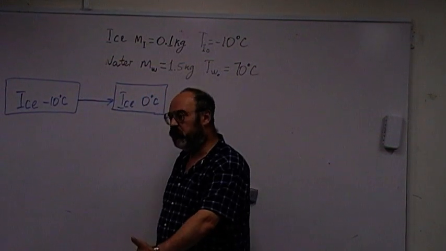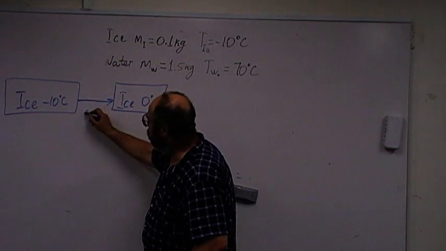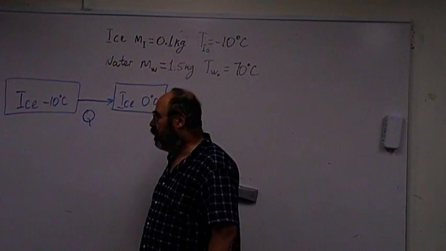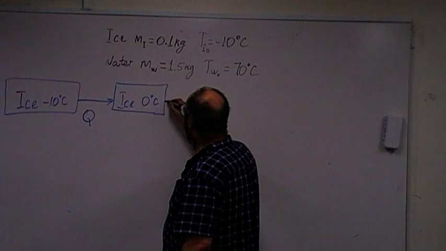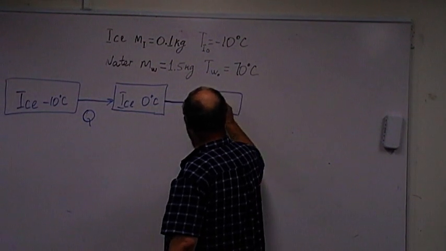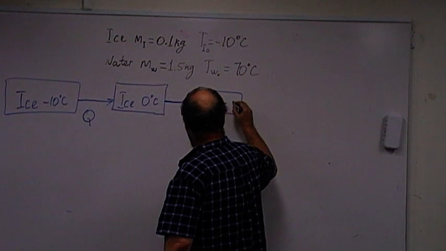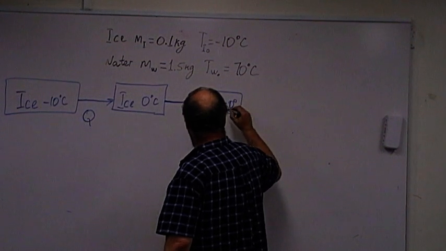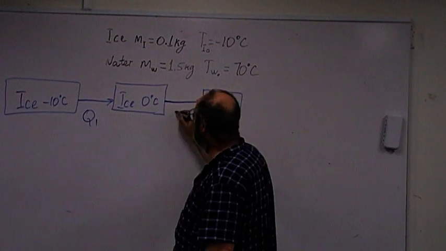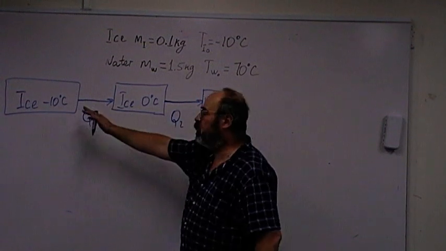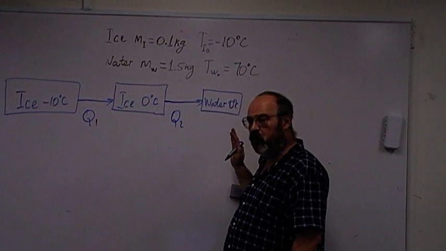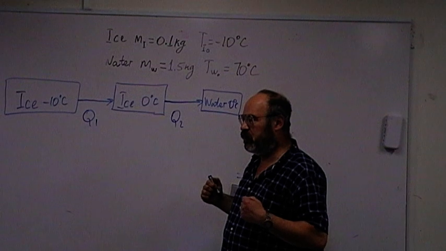That's the first step. And we give some heat. Then this ice melts to water at 0 degrees Celsius. That's Q1, that's Q2. That's what's happening with ice. And we're calculating how much heat the ice is receiving.